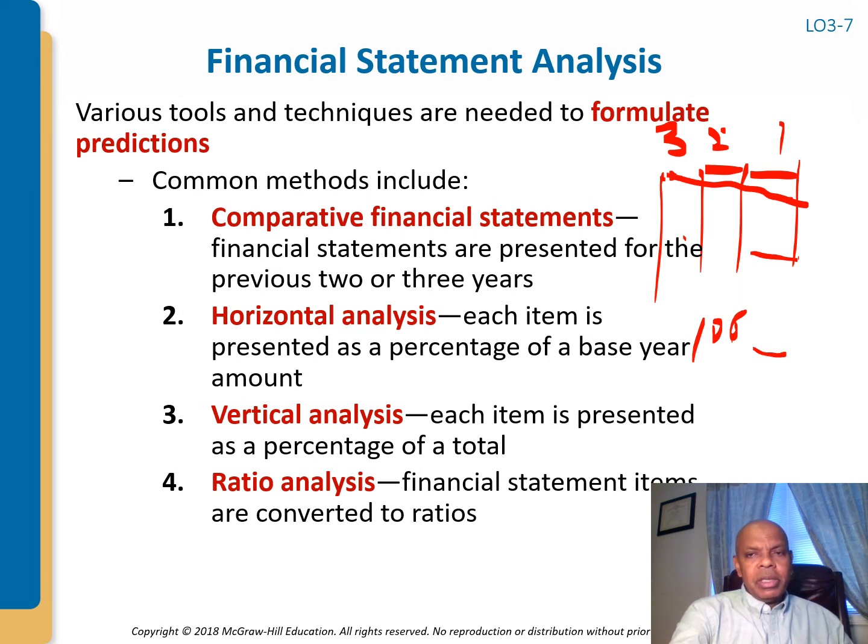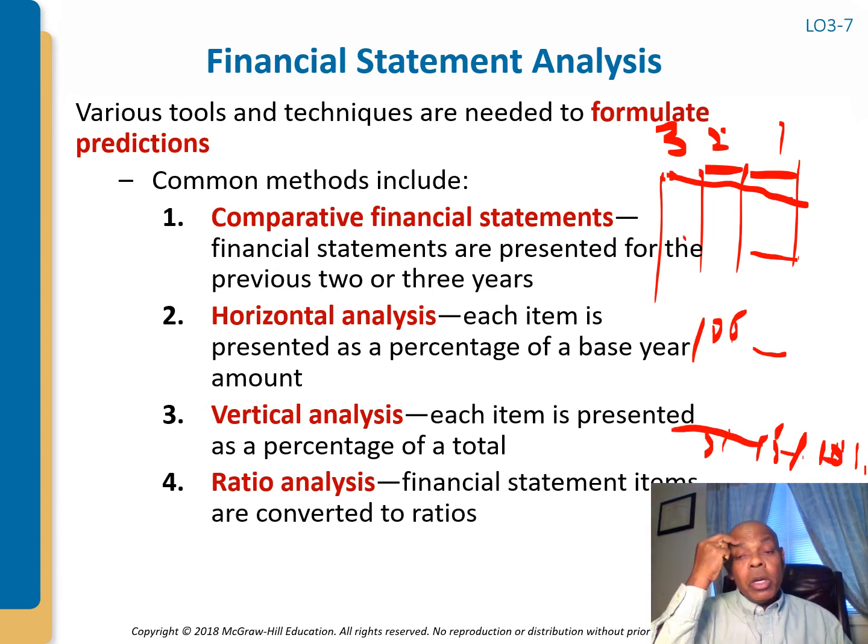So this year is 10% profit. Next year 15%, it's a growth. Next year 18%, and so on and so forth, right? So that's what we're looking at, comparing to sales.